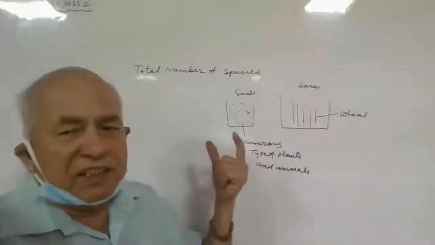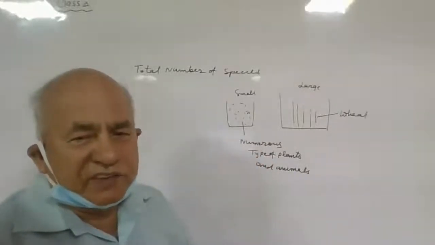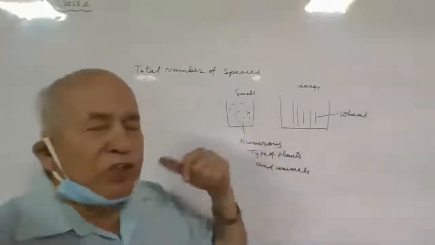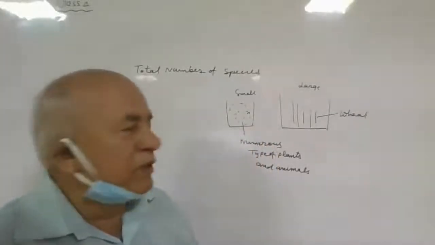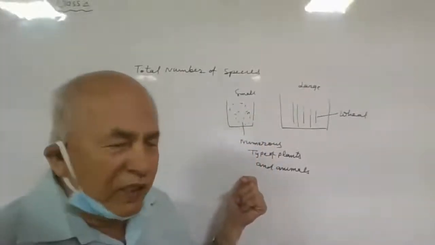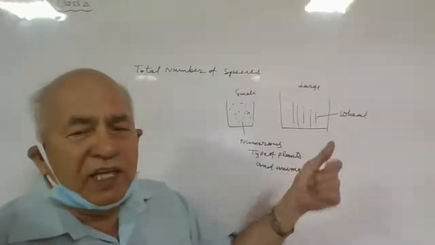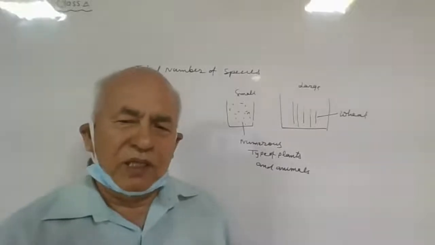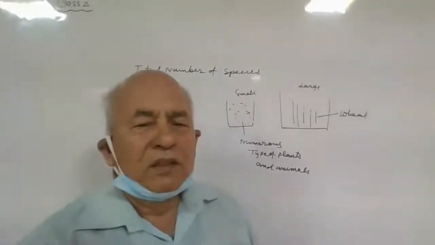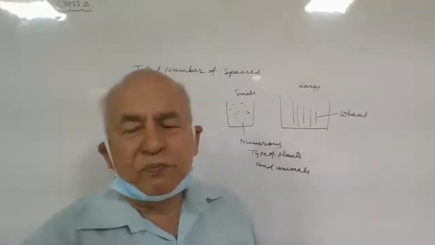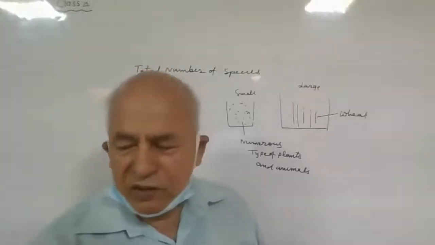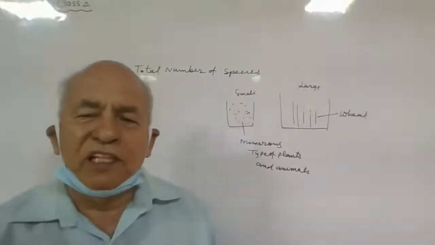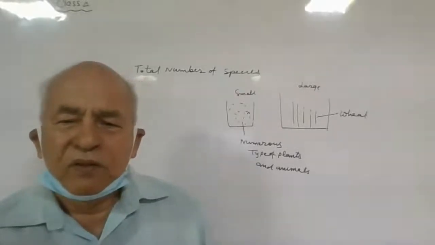This small space having numerous types of plants and animals has more biodiversity than a field having a similar type of individuals, such as a sugarcane field, wheat field, or field of maize. They don't have so much diversity as this small one.